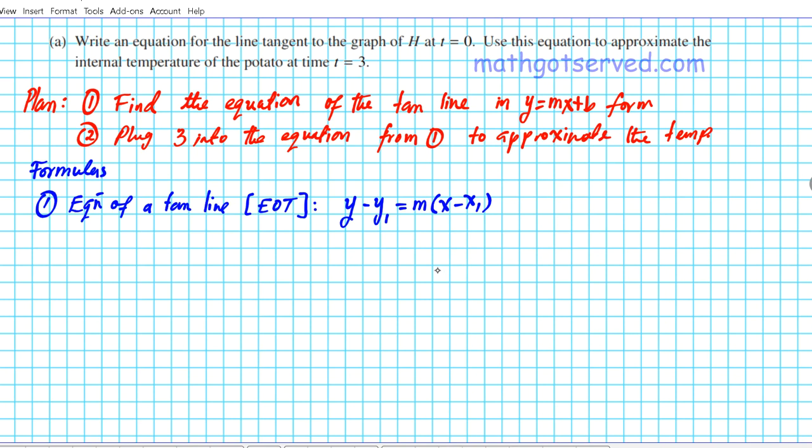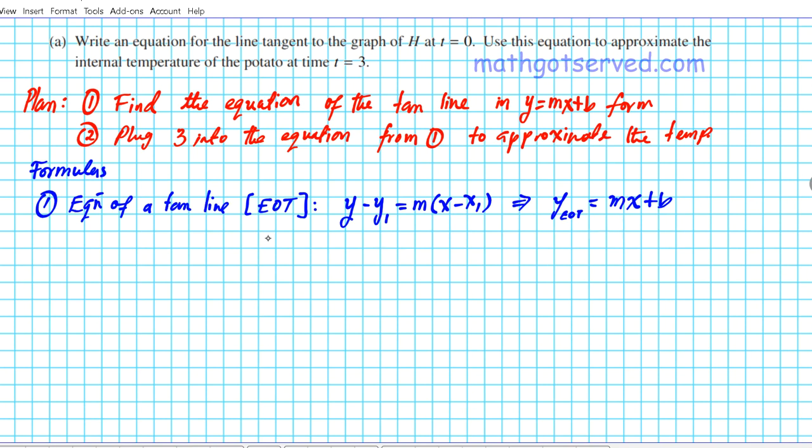This is the point slope form of the equation of a line, okay? And then when you get y isolated, you have y of your equation of tangent line is equal to mx plus b. And with this form, you can basically use this as an approximator of points in a function, okay? The closer you are to the point of tangency, the more accurate this approximator is.